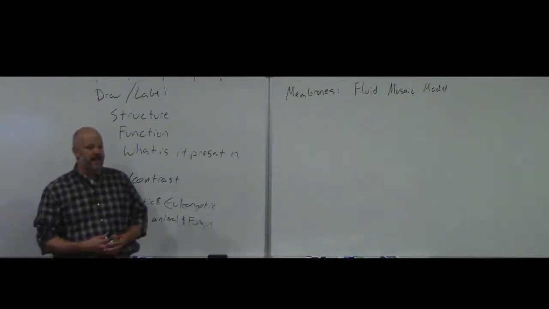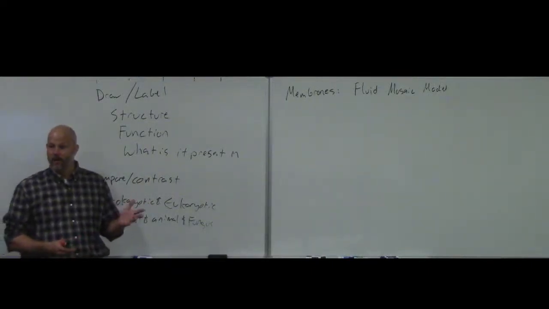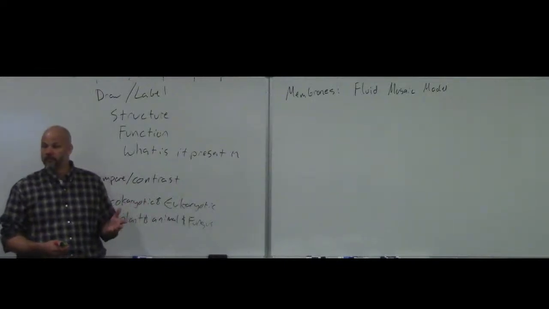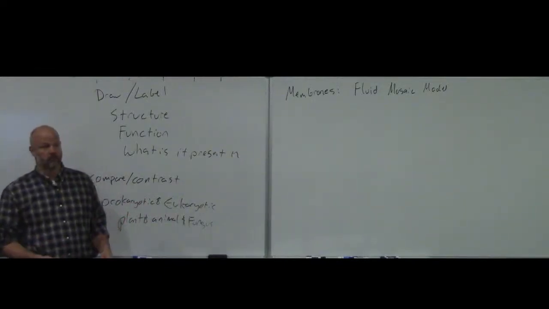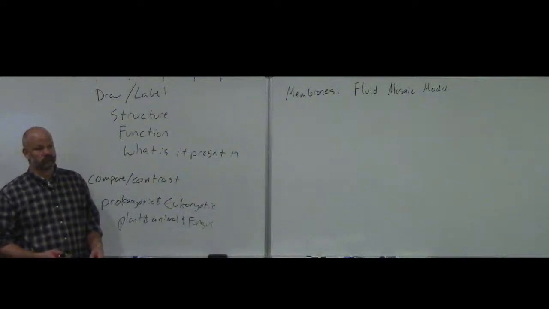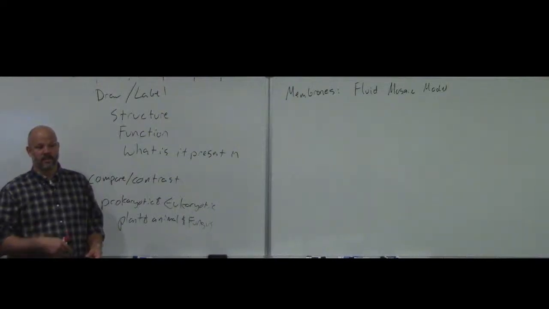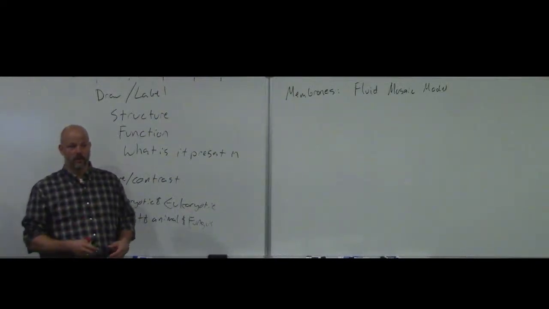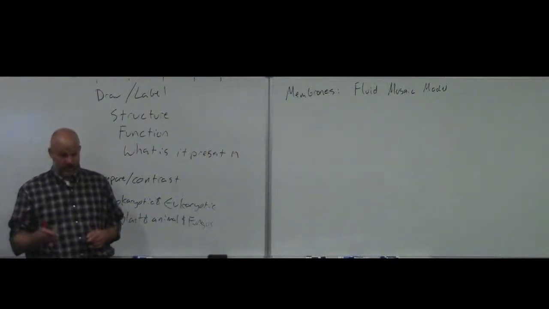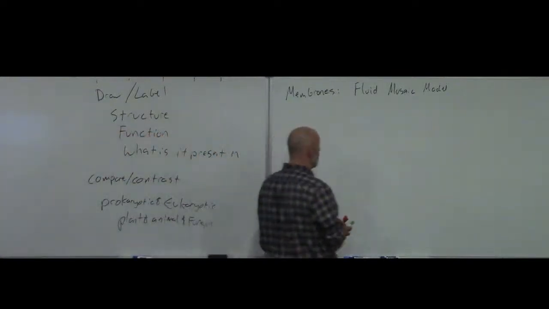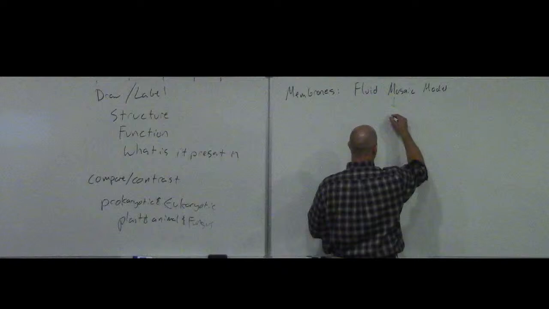What are the mosaic pieces of a membrane? Remember drawing a membrane? What do we draw a lot of? Lots of circles with two squiggles. What are those called? Phospholipids. Okay? So one of the things that we know is lipids.